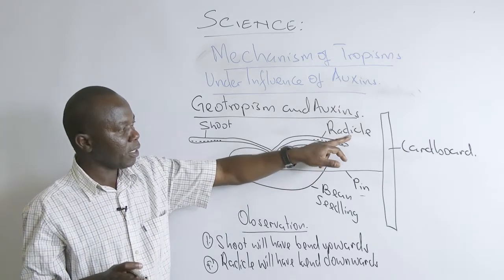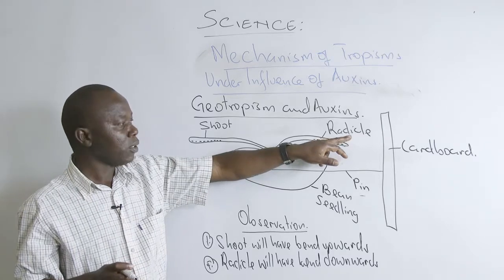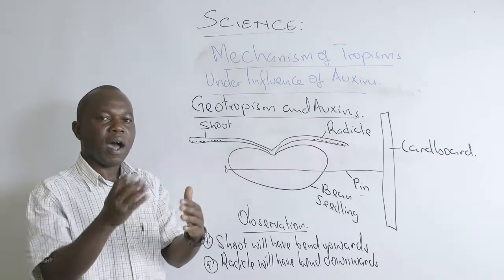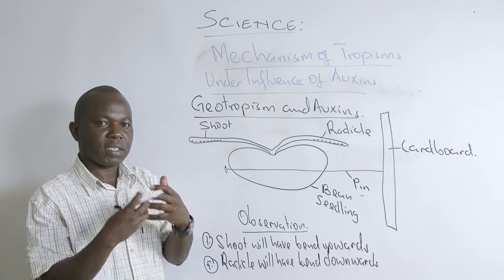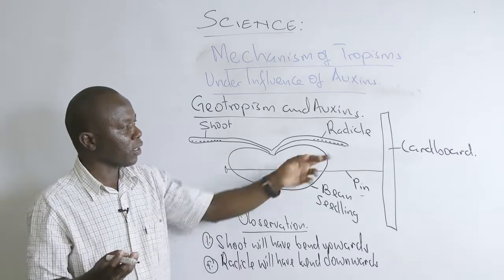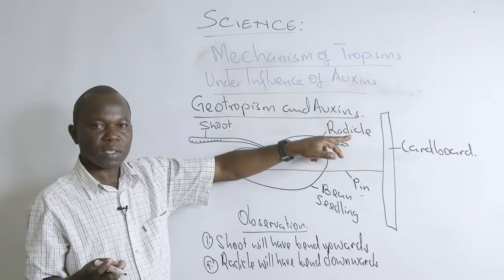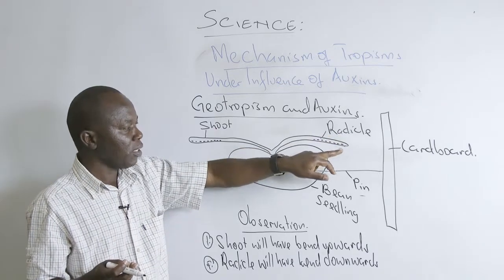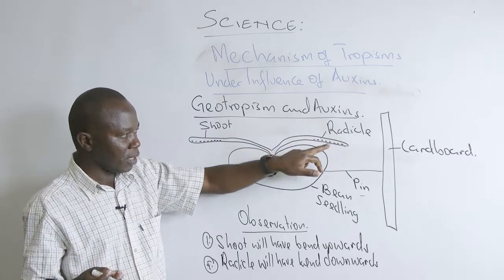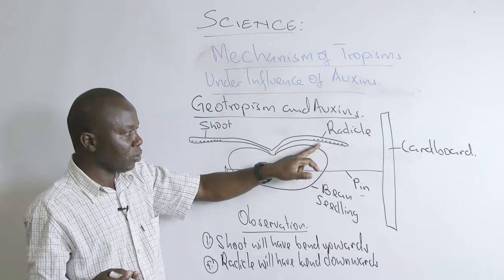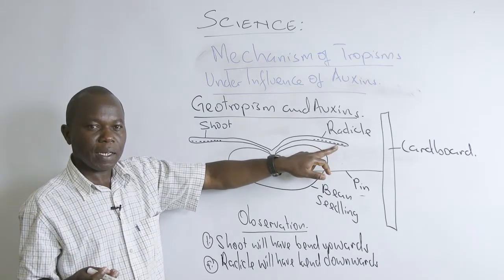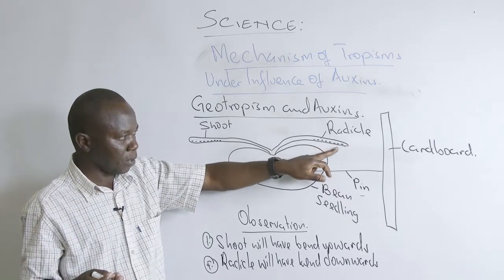But in the radical, the root, auxins have an opposite effect, in other words, an antagonistic effect. In the root, it has an inhibitory effect. It's going to inhibit cell elongation at that point.